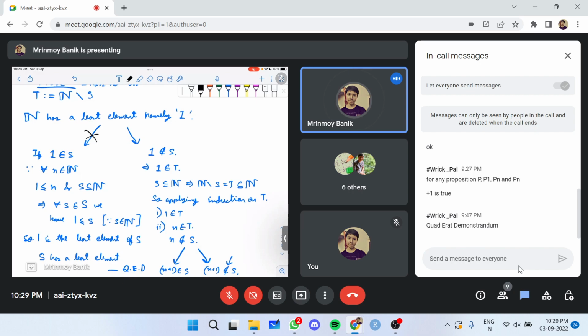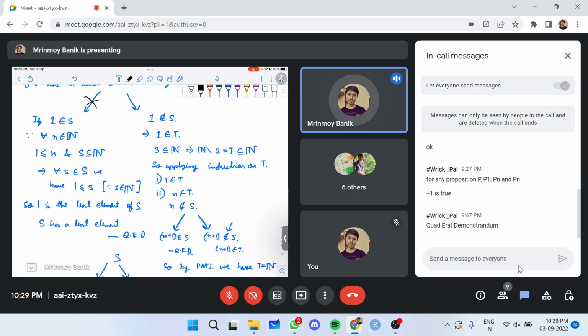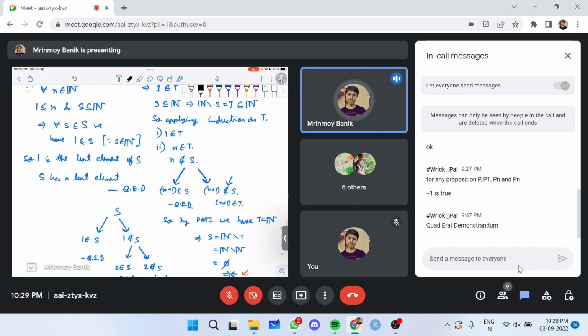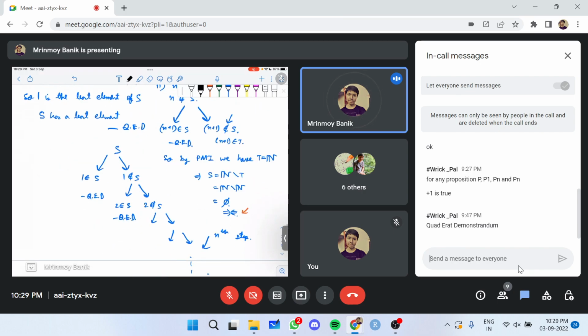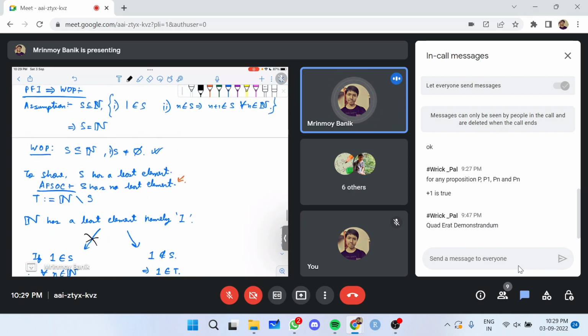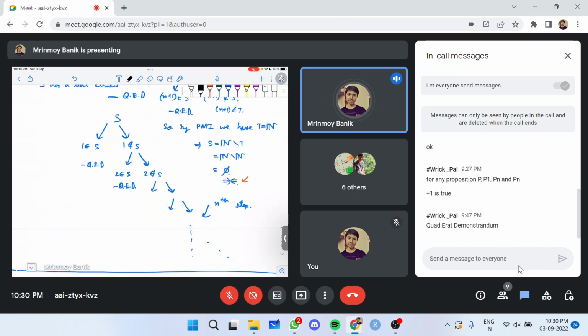So that branch will be crossed out, and then we can apply induction on T, and we can say that if n is inside T, that is n not inside S, then n plus 1 also can't be inside S. And that's how we can go on to show T is actually the whole set of natural numbers, and then S becomes empty. Then we get a contradiction, and we disprove the claim that S has no least element. This proved the negation of the claim. Yeah, so we proved the claim. Okay, thank you.